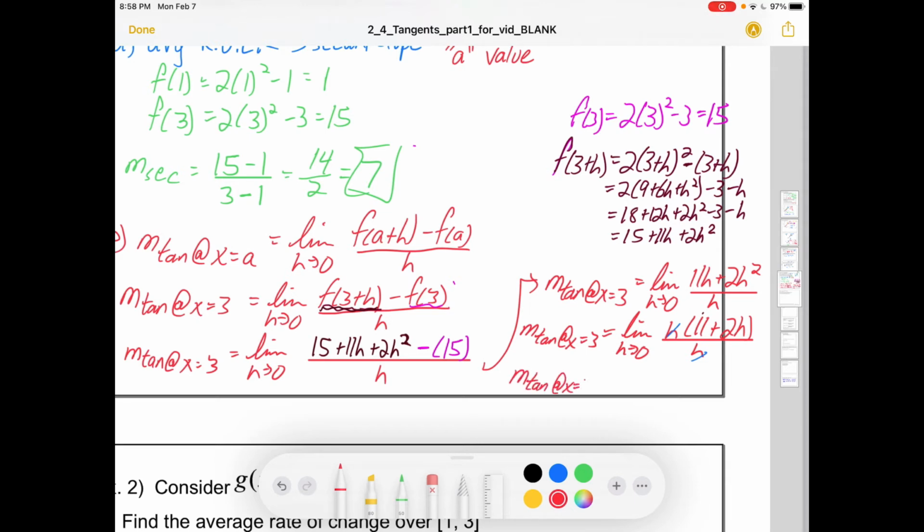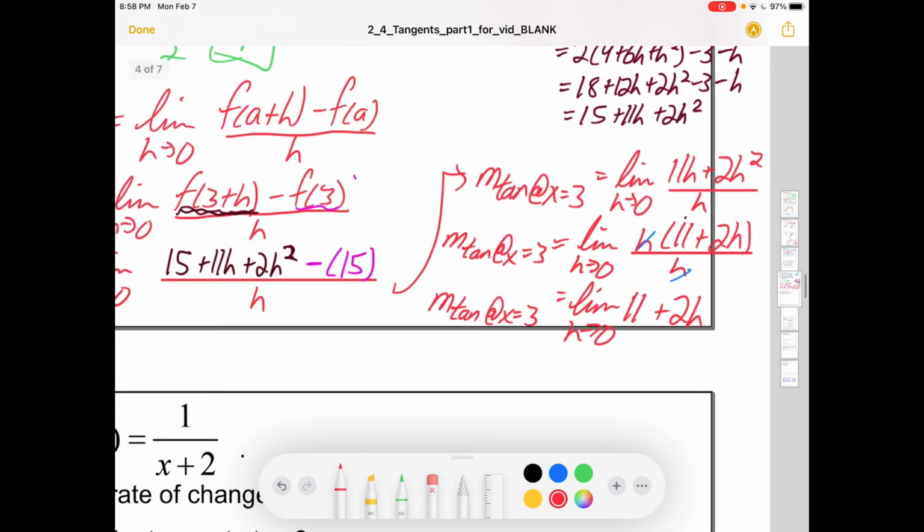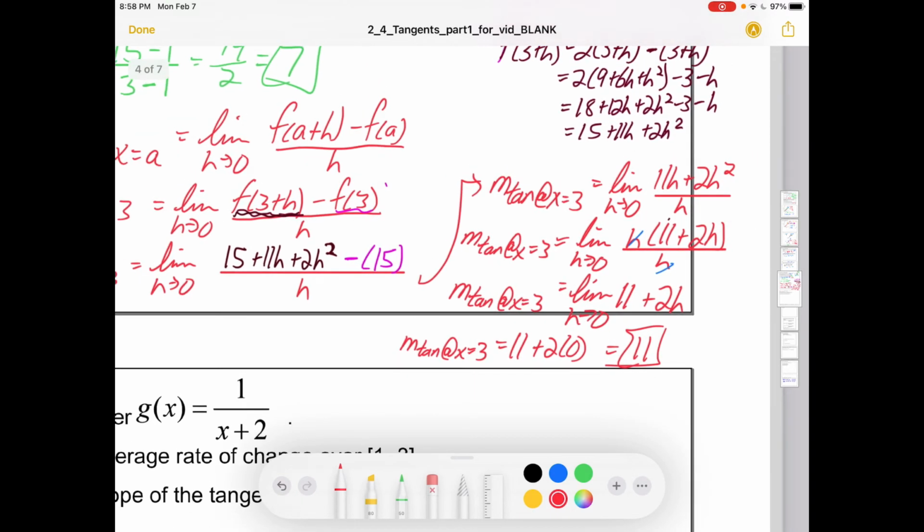And eventually I'm getting rid of most of my problems. Okay, as h goes to 0 of 11 plus 2h, now we can finally sub in. So the slope of the tangent at x equals 3 is going to be 11 plus 2 times 0, or just 11. There's that tangent slope.